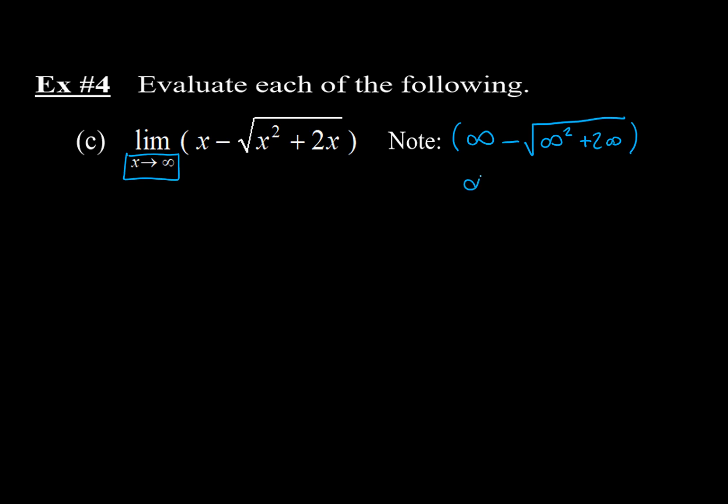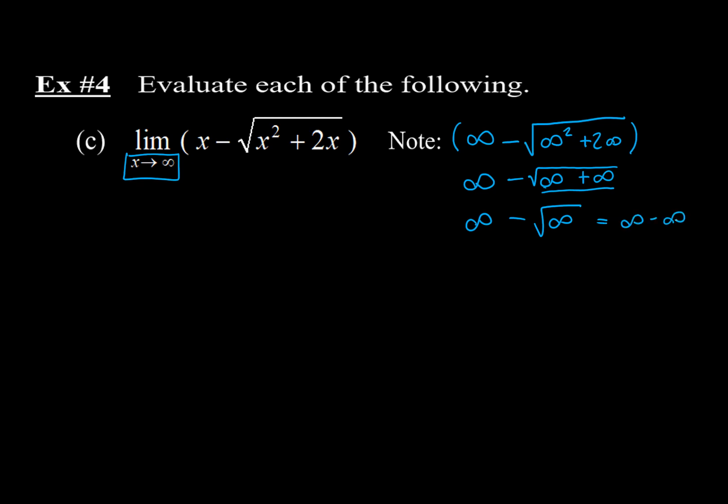I'm going to leave this front infinity here. Infinity squared is just infinity. 2 times infinity is also infinity. And infinity plus infinity is going to give me infinity. And then the square root of infinity also gives me infinity.